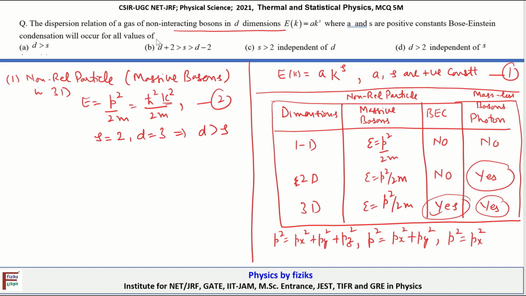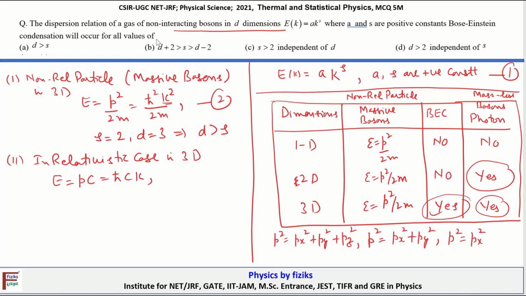Okay, similarly the second case is the relativistic case in 3D. The energy momentum relationship is E equal to Pc, that is equal to h cut c k.